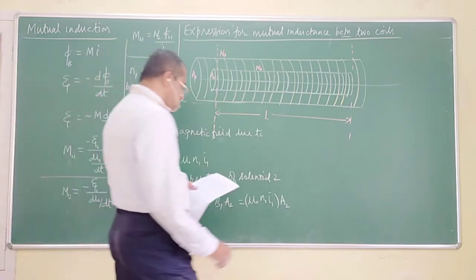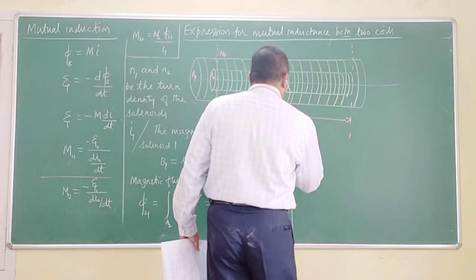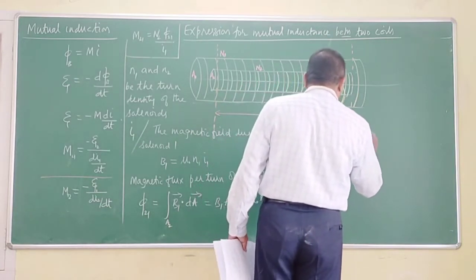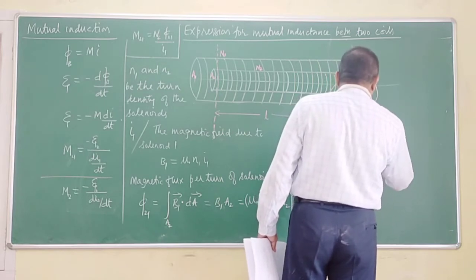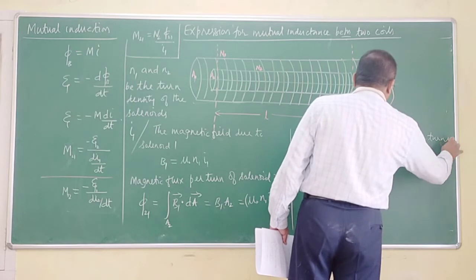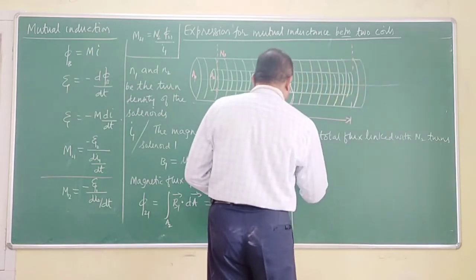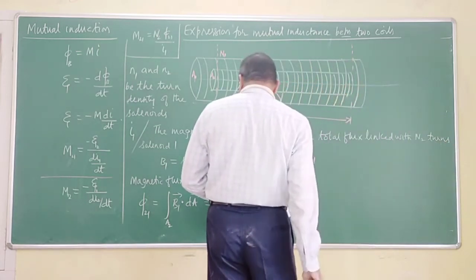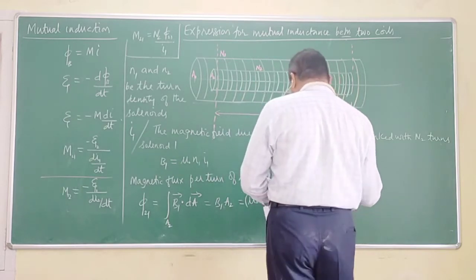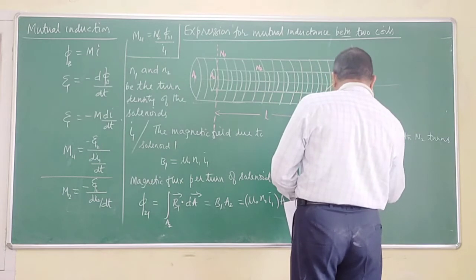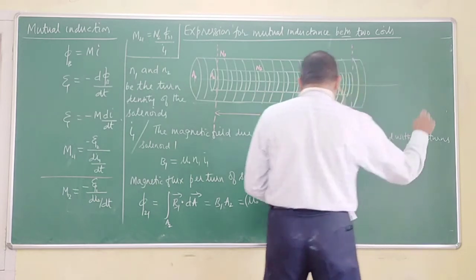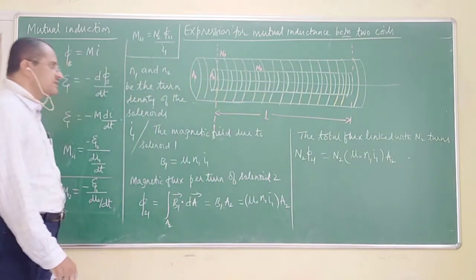What is the total flux? The total flux linked with N2 turns, N2 phi 21, will be equal to N2 into mu naught n1 I1 A2.